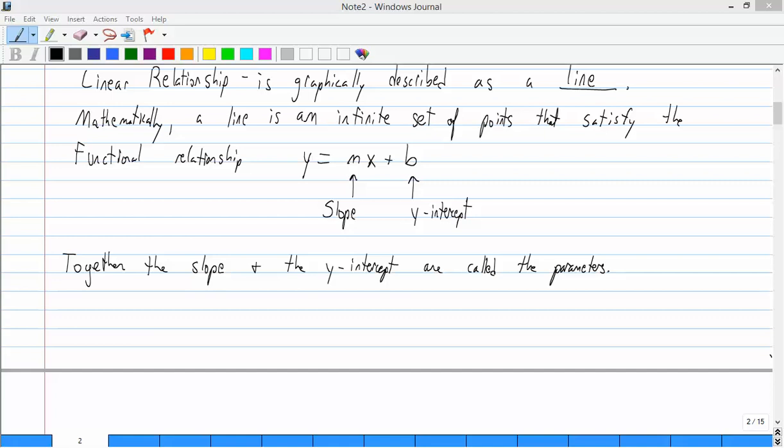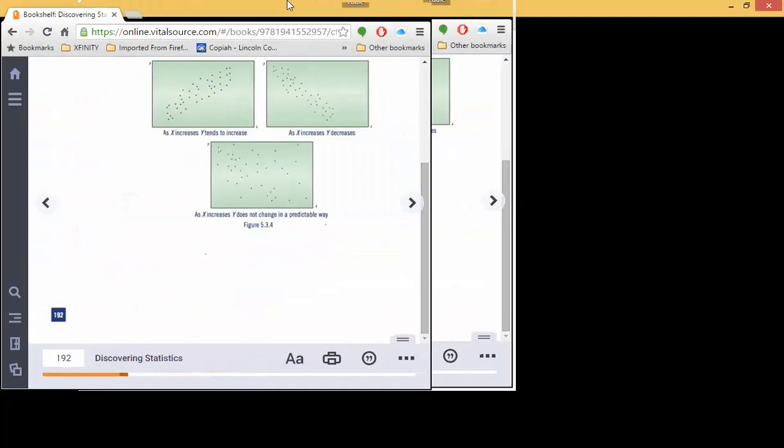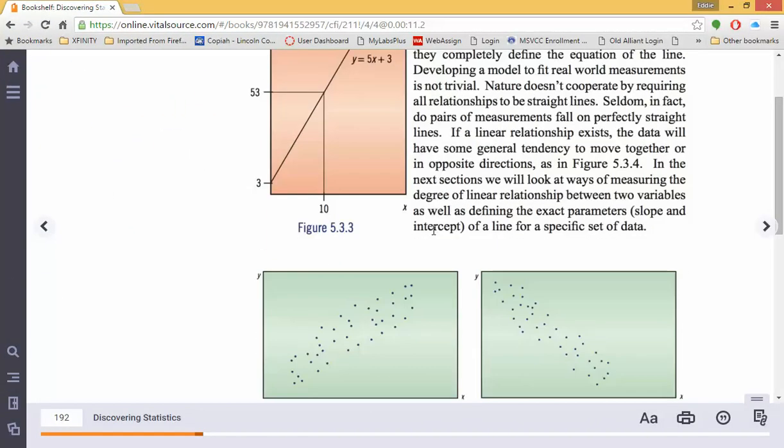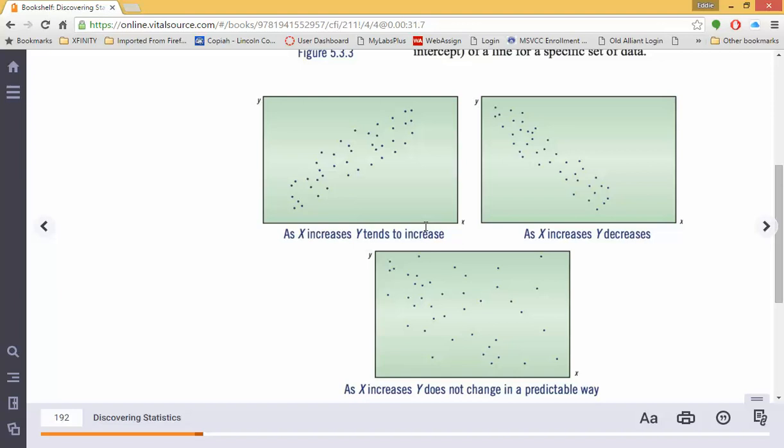Now, while we don't have straight lines in these scatter plots, we can see that in this scatter plot, as x increases, y tends to increase. In this scatter plot, as x increases, y tends to decrease. So maybe this would be education and crime rate. I'd rather it be this graph than this graph.